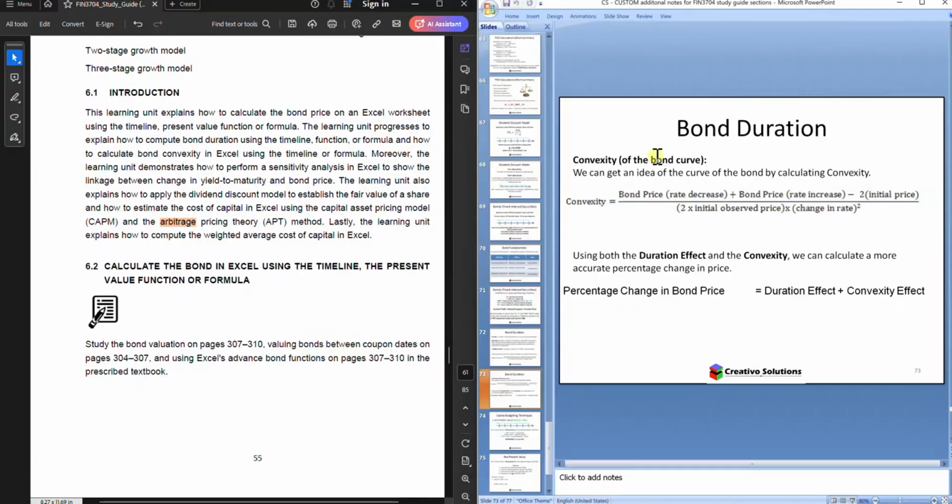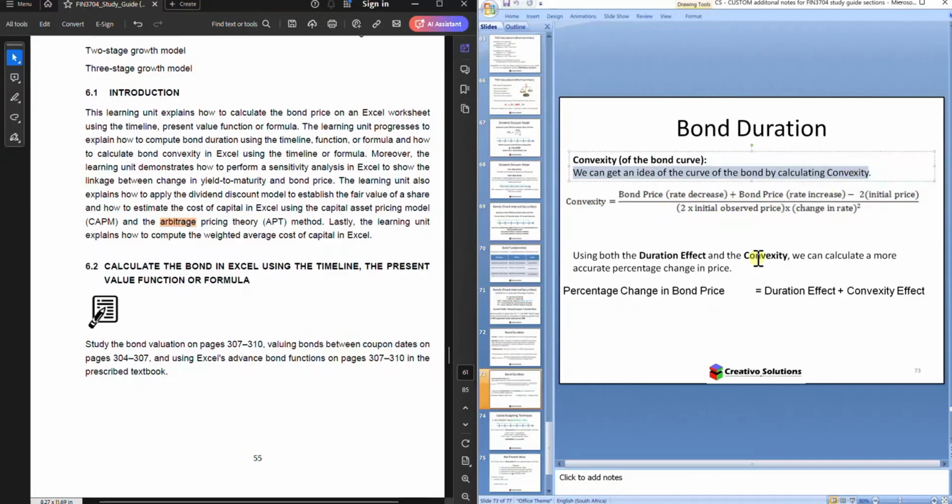Here's convexity. This is the bond curve. If you've ever looked at the bond curve in the fixed income textbook chapter, you have a flat curve, an inverse curve, a normal curve, and these curves give you almost like an insight into what could happen going forward.